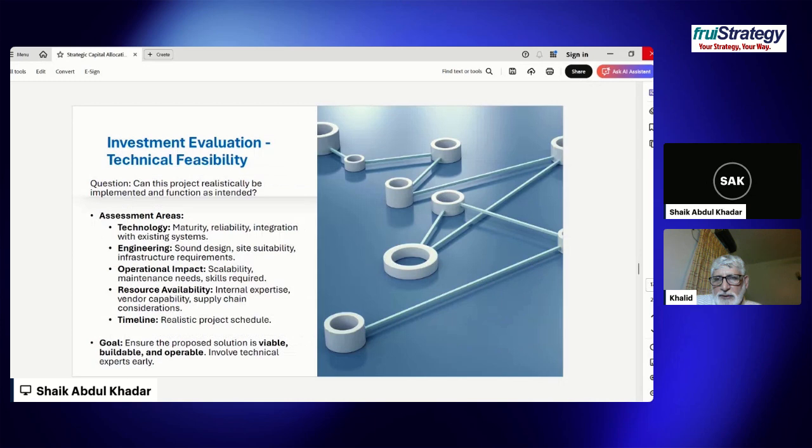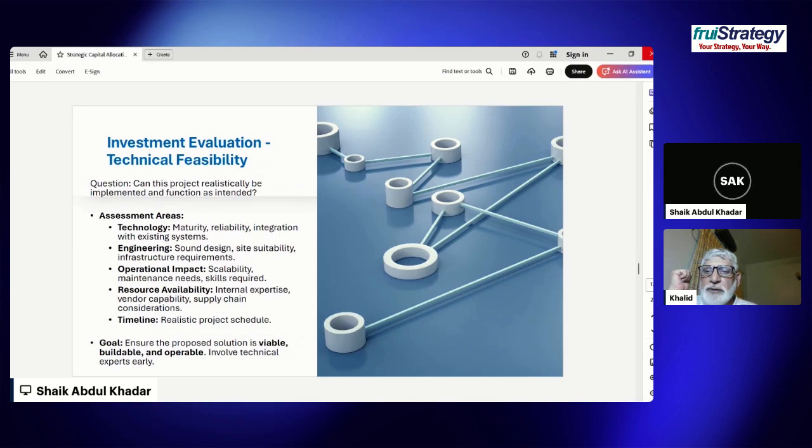So mostly there are two aspects after doing your market opportunity. There are two feasibilities that need to be done. One is technical feasibility. So the question is, can this project realistically be implemented and function as intended? So you need to assess the technology, its maturity, its reliability, its integration with existing systems.